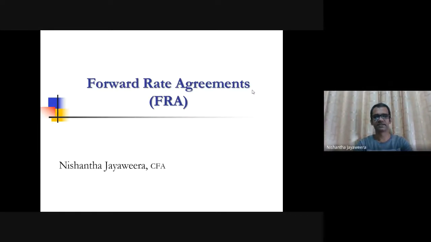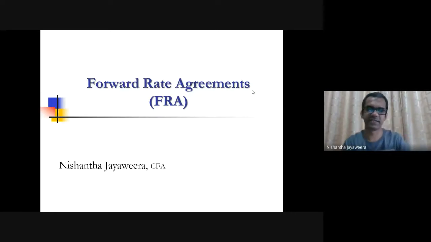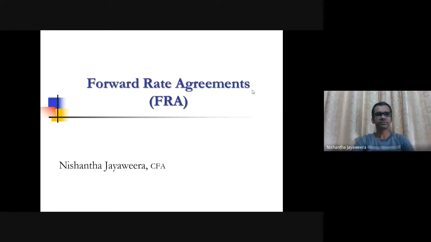That is the exchange rate that you agree to exchange two currencies on a future date. What does it mean by future date? Beyond the spot date, or you can say other than the spot date. So that's the basic concept of the forward exchange rate.